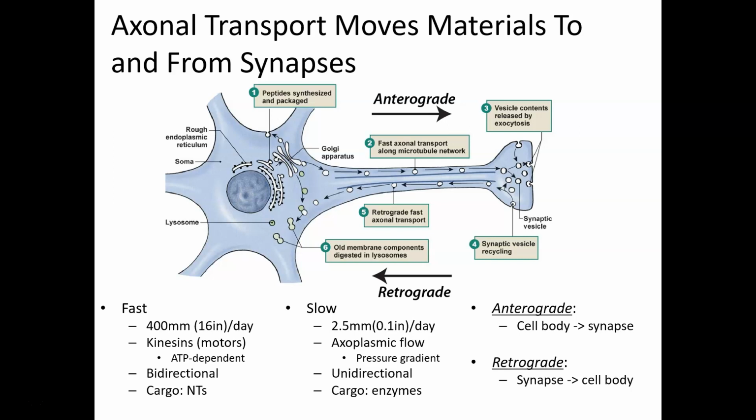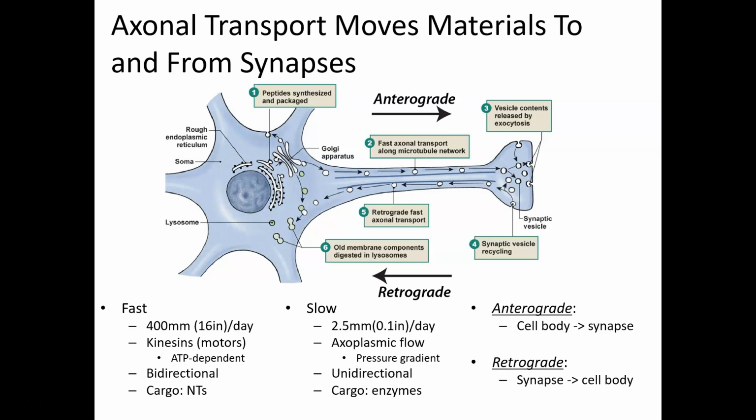For the difference, we don't use protein. It's a passive transport mechanism for slow. We use what's called the axoplasmic flow. That is a gradient set up by the pressure difference between the cell body and the synaptic ending.